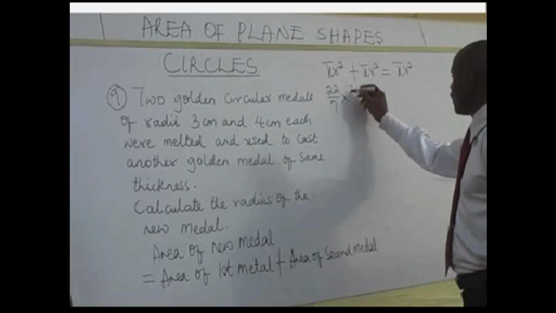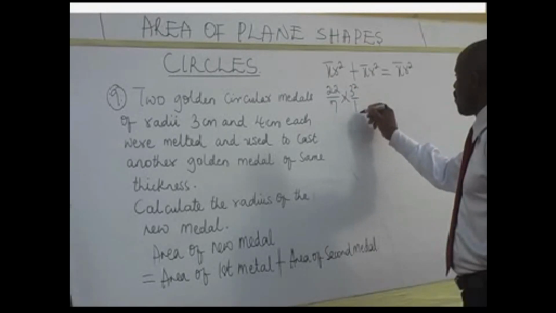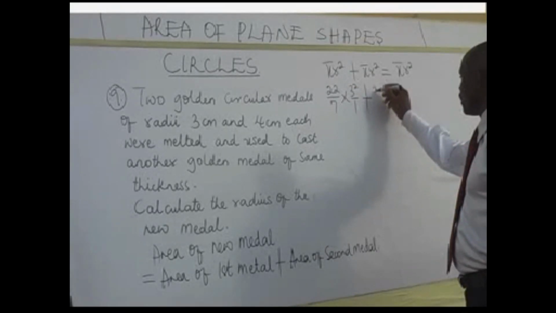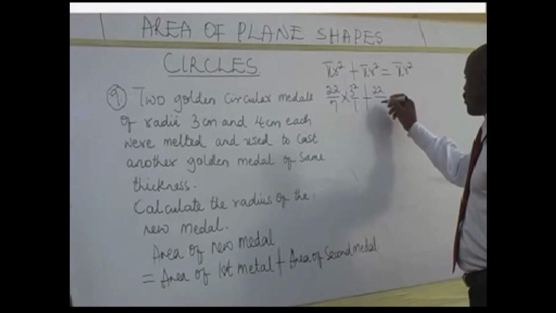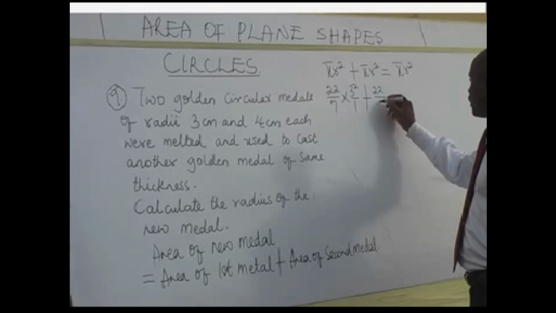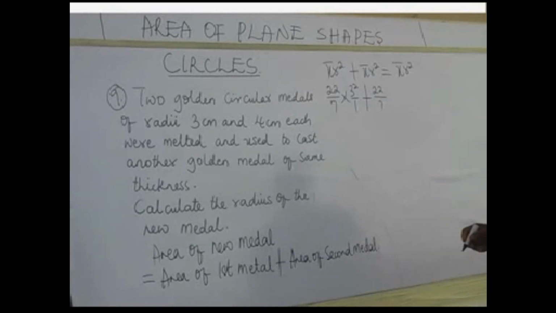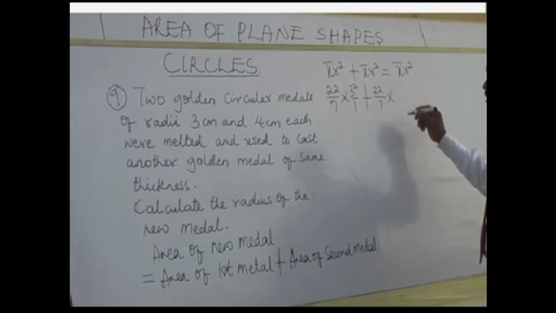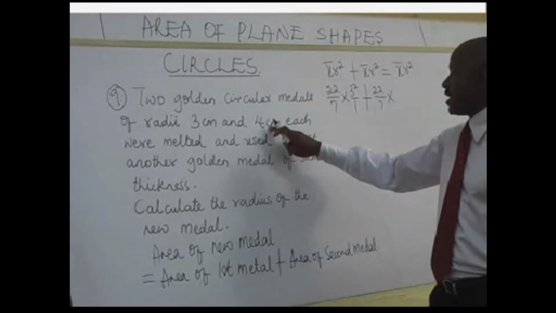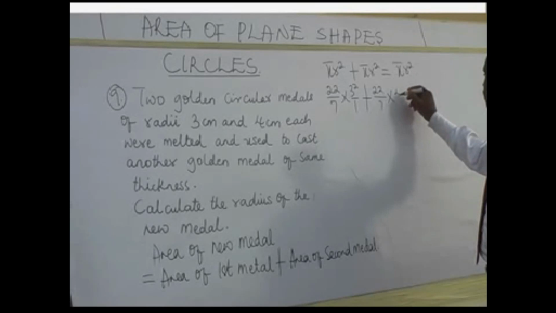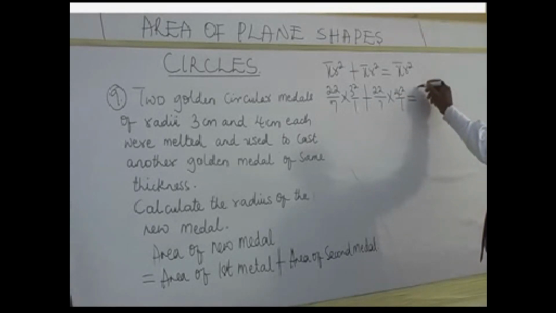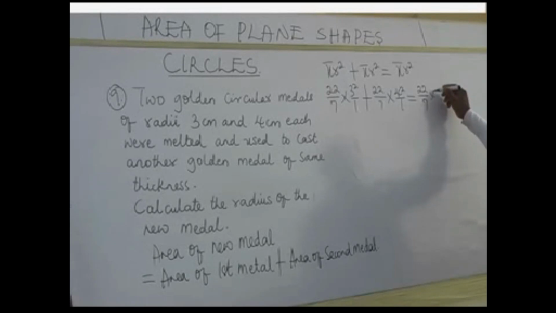So we have 3 squared all over 1 plus pi in the second area, 22 all over 7 times the radius of the second medal, which is 4. So we have 4 squared all over 1 is equal to pi in the new medal, 22 all over 7 times the r squared, which we are looking for.